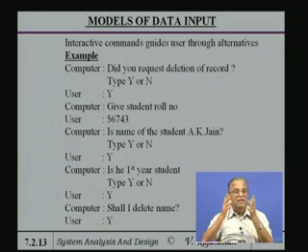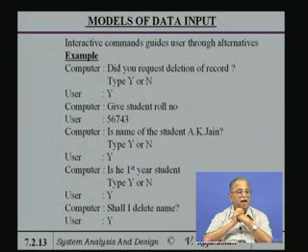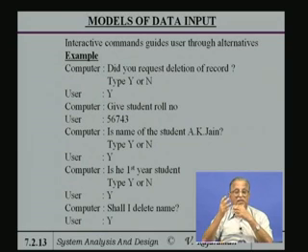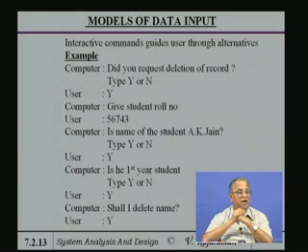Interactive command based menu. An example is again somewhat like the menu thing. In the menu, the commands give you a choice of 1 of 3 and so on, whereas in this case the machine will ask you a question. Did you request deletion of the record?